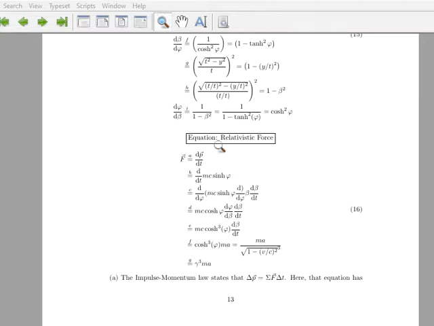Then when we find out what the relativistic force on something is, we use this equation that force is the change in momentum over time.